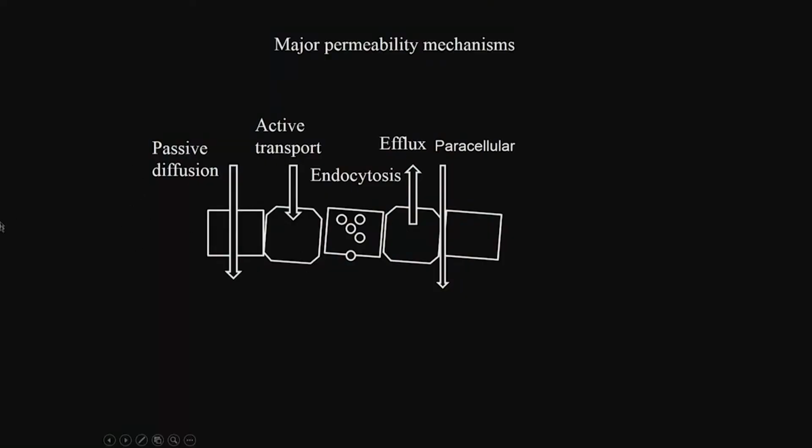Okay, so we have predominantly passive diffusion taking place, then there could be specific transporters which may be collecting your compound and taking it across, and there is something called endocytosis, that is a mechanism. It is like gobbling up the food or drug or any compound, that is endocytosis.